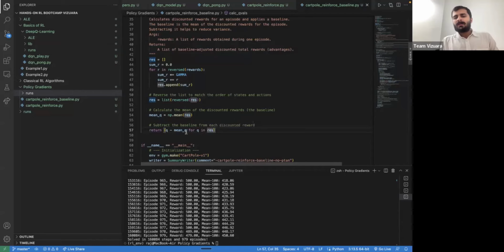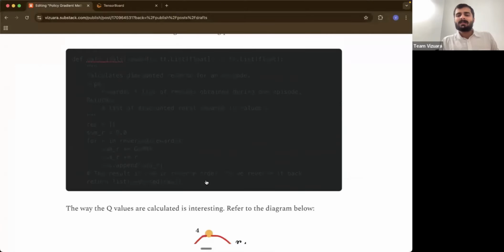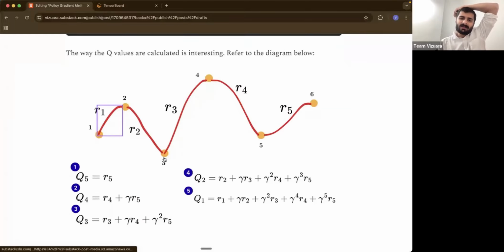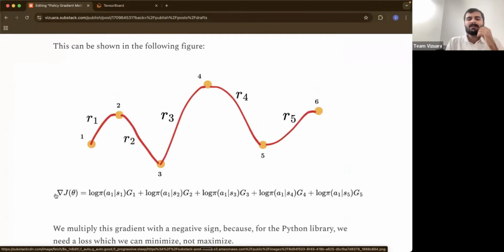But right now, we are using a very simple baseline where we are calculating the average of all the Q values which have been received in a single episode. For example, consider this trajectory. First of all, this is the grad of J of theta, which is being calculated.